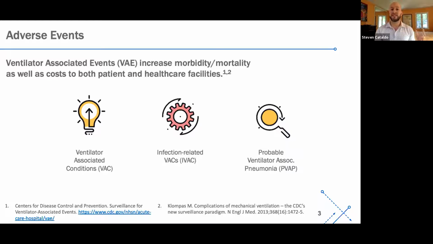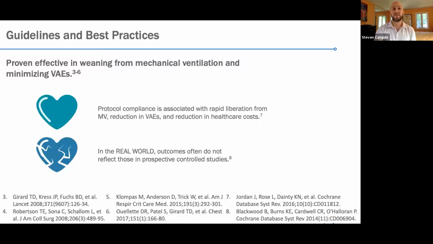But they are easy to define, which means they're easy to track. And by tracking them, of course, most healthcare facilities are going to know their incidence of VAEs, and then again, their inherent costs.